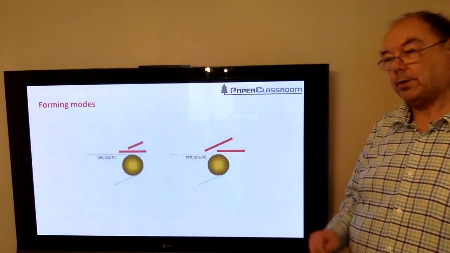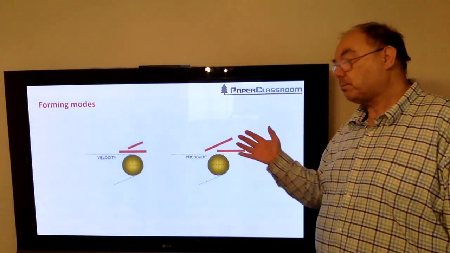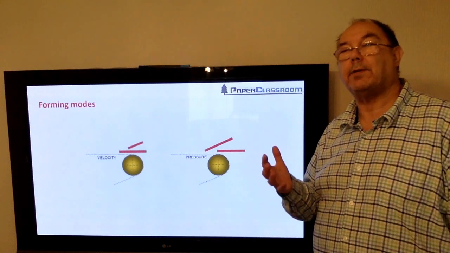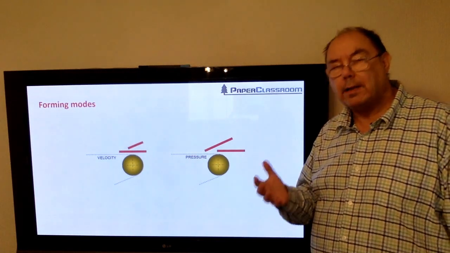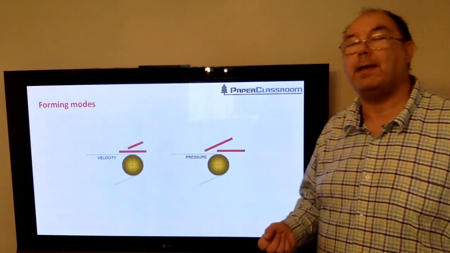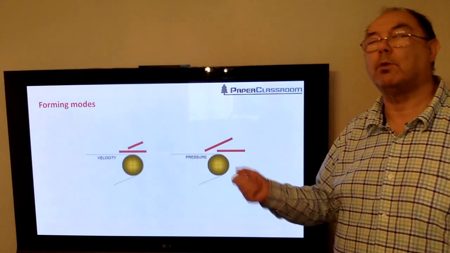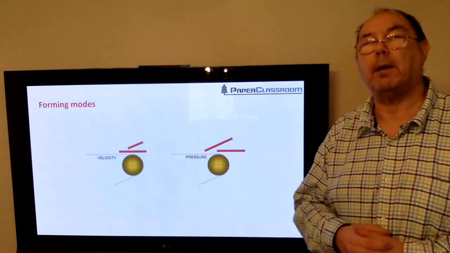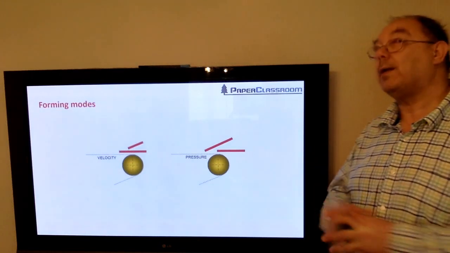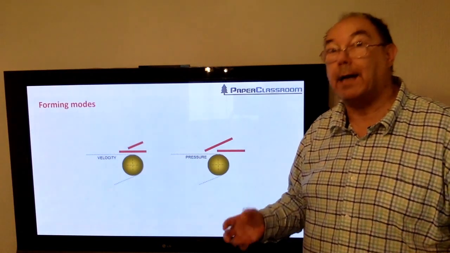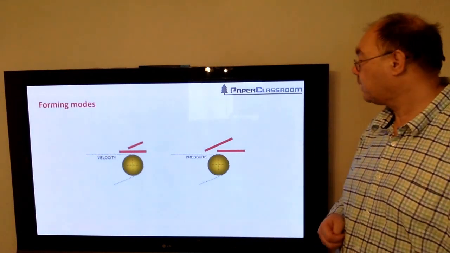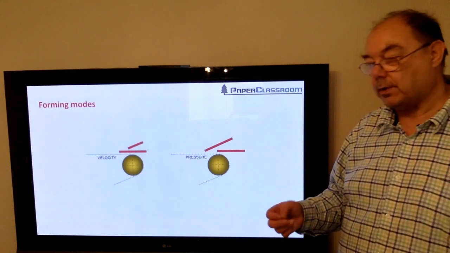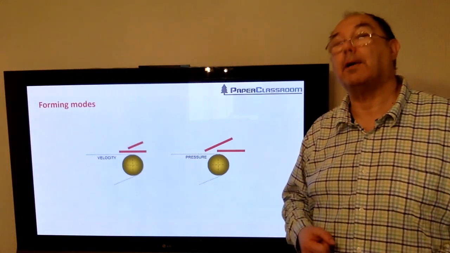Pressure forming mode is particularly useful for tissue. We've said that tissue needs to have really good formation because it's so thin. It has to have the minimum number of imperfections or you're going to get a big problem with the sheet. And the way to get good formation is to have big dilution, as we saw a moment ago. If you've got a big dilution, that means you've got huge amounts of water to get rid of.